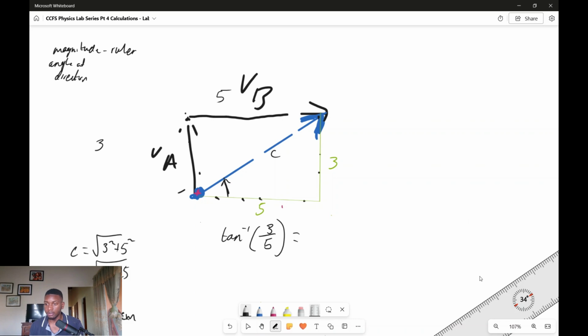So I could do tan inverse of 3 divided by 5, which is 0.6. Opposite over adjacent is tan theta, so I want tan inverse, second function, of that. I get about 30.9, so you should be getting around 31 degrees.